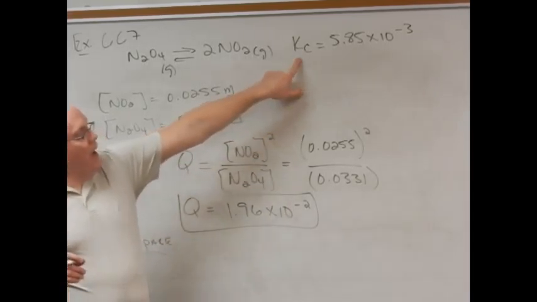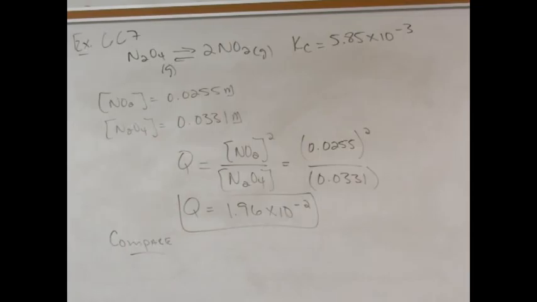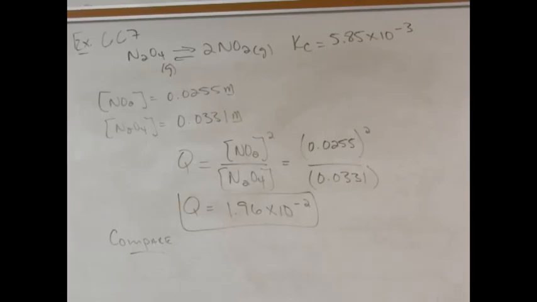This number, compared to where its equilibrium lies, 1.96 times 10 to the minus second, is larger than the equilibrium constant. So if it's larger than the equilibrium constant, I'm saying that Q is greater than K. What has happened is the reaction is going beyond equilibrium.